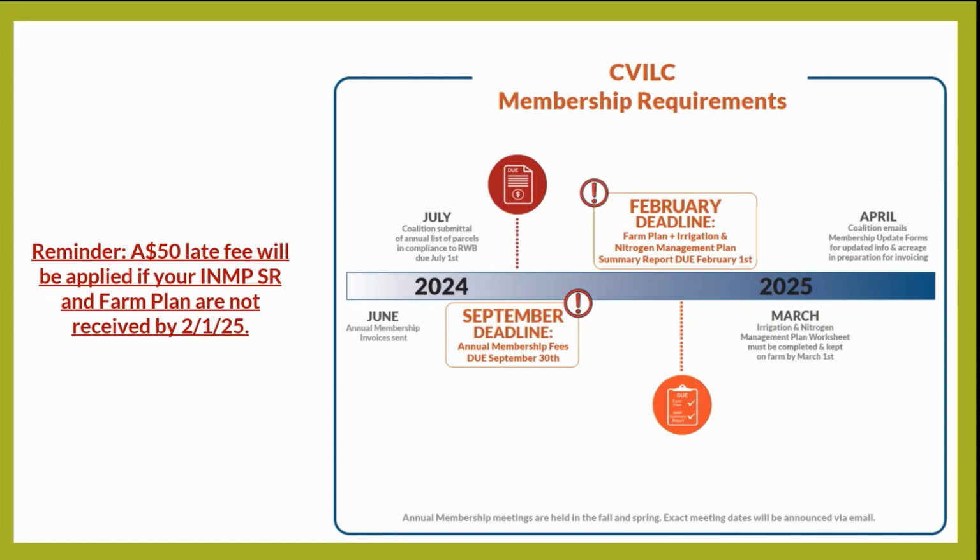Hopefully you have paid your dues, nobody's late, but every year that does come forward in July and is due by September. If you're late, come talk to Alyssa and say, I'm going to send you a check, I promise. But don't be late on those either, because then you do get assessed a late fee. Nobody likes to pay more money than they have to.